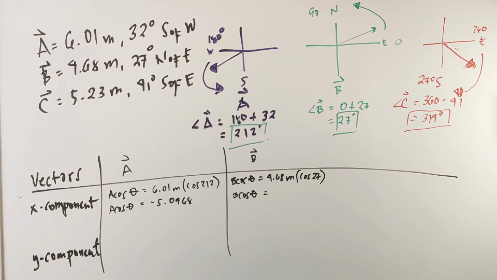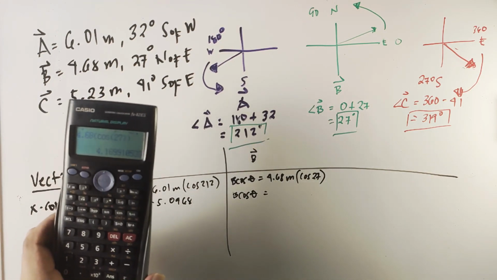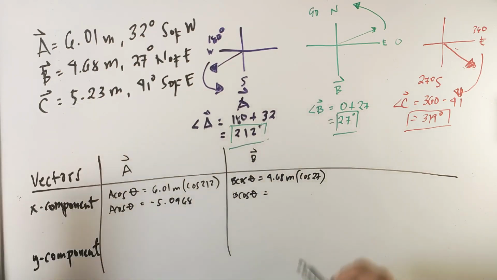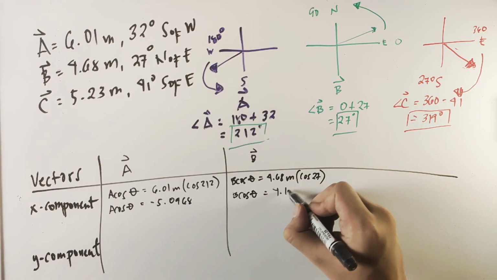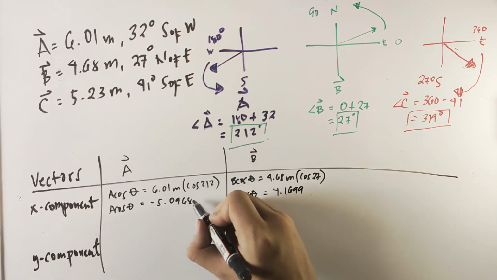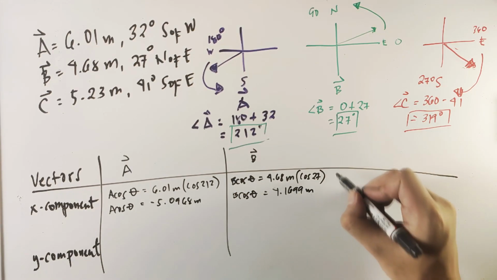So this would be 4.68 times cosine 27. So that's 4.1699. What's the answer? You see it? 4.1699. So this is in meters.